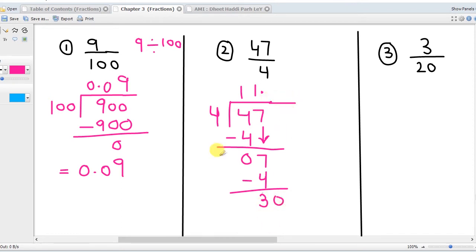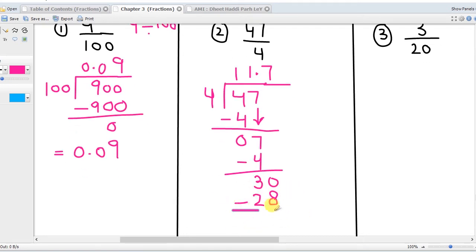Now this number becomes 30, which is bigger than 4. Now start counting the times table of 4 up till 30 or close to 30. So this will give me 7 times 4 is 28. Now simply again take away. So 30 take away 28 is 2.